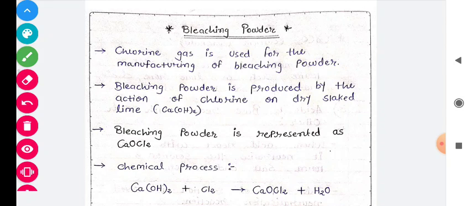अब देखते हैं उसमें हाउ द ब्लीचिंग पाउडर इज फॉर्म्ड. Chlorine gas is used for the manufacturing of bleaching powder. So the product of chlor-alkali process that we already discussed in our previous section. So this output product from this process is utilized for the further manufacturing of bleaching powder.